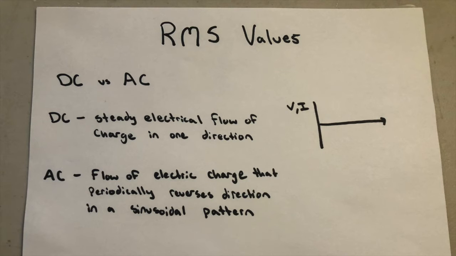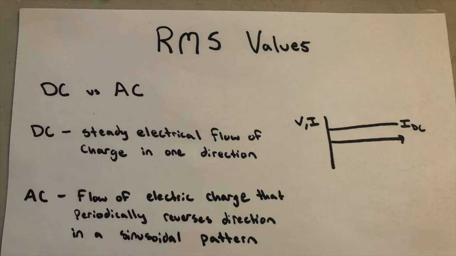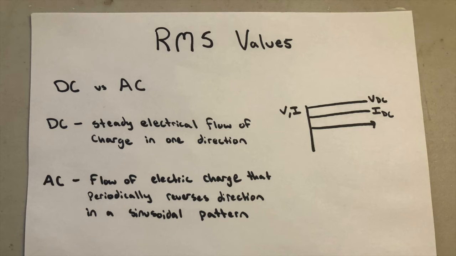First, in the direct current, we can see that as time passes, the current stays the same, as well as the voltage, which stays the exact same the entire time.